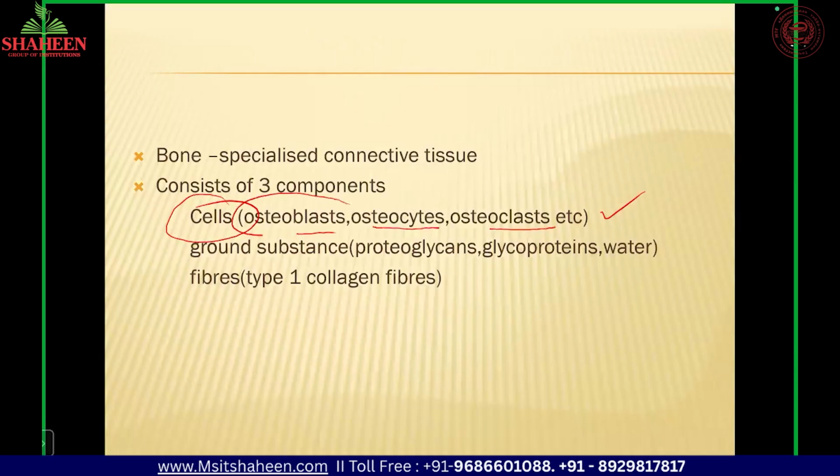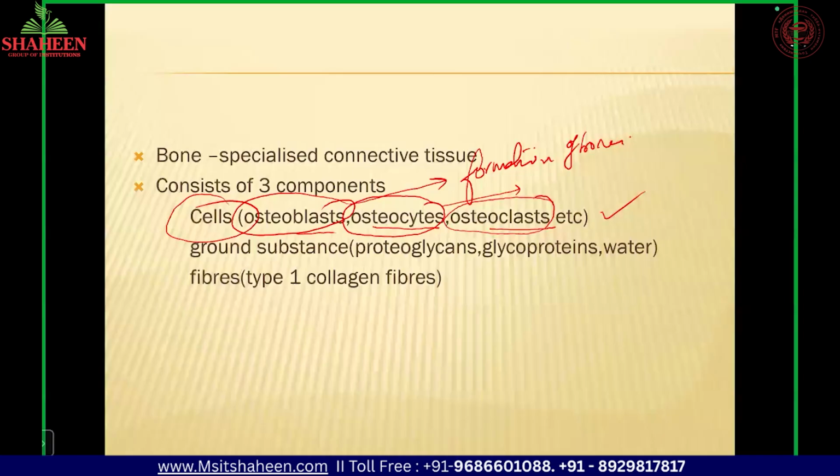Okay, osteoblasts are the cells which help in the formation of bones. And osteocytes are the cells that are trapped in between the layers of the bones during the formation. They are known as osteocytes. And osteoclasts. What is the function of osteoclasts? Any guess?